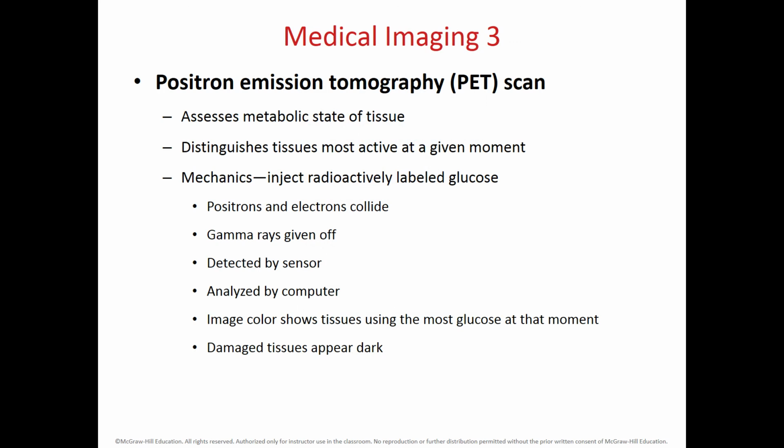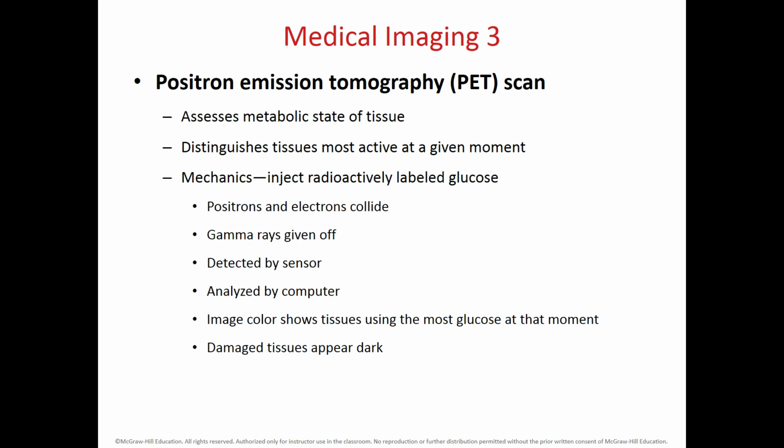We also have within radiology these sophisticated studies that are more expensive and more challenging in the technical aspect, but they can provide a lot of information. We have PET scans, or positron emission tomography, in which you can study the function of a tissue. So you can assess the metabolic state of a tissue.